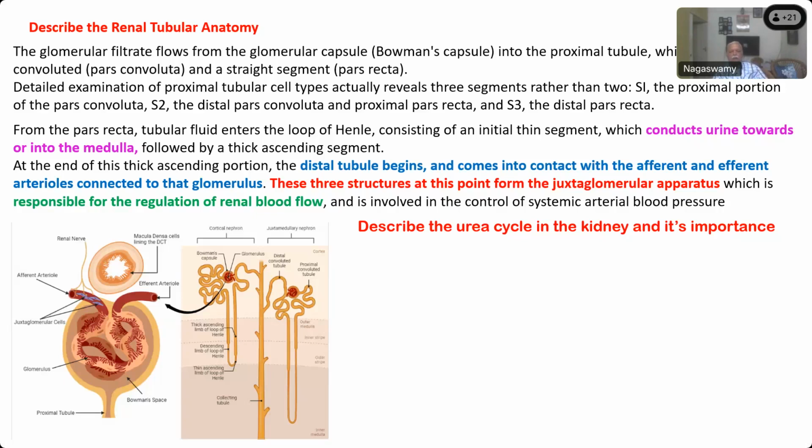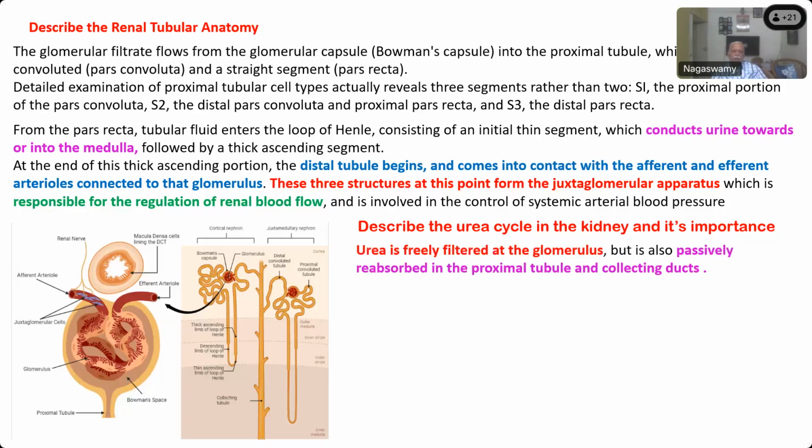And so urea is actually a waste product, but urea is also important for, as you said, concentrating the urine. How it is done, we'll see. Urea is freely filtered at the glomerulus, but passively reabsorbed in the proximal tubule and collecting ducts. So it is getting reabsorbed both at the proximal tubule and also in the last portion of the nephron called the collecting ducts.